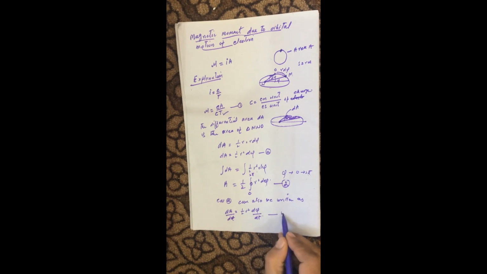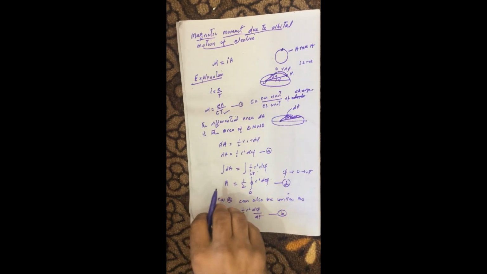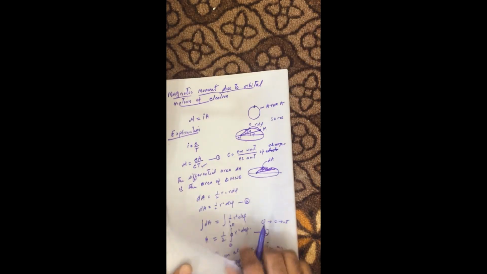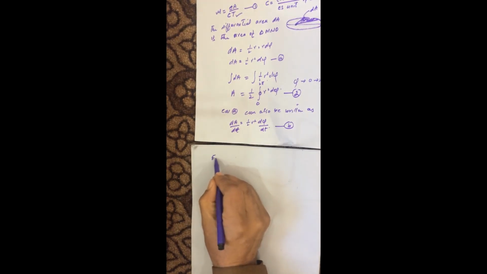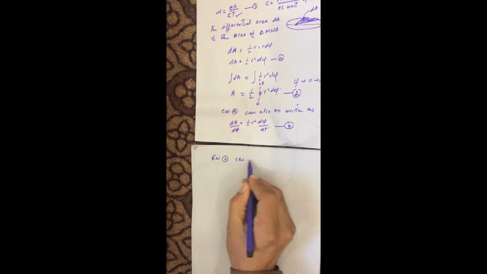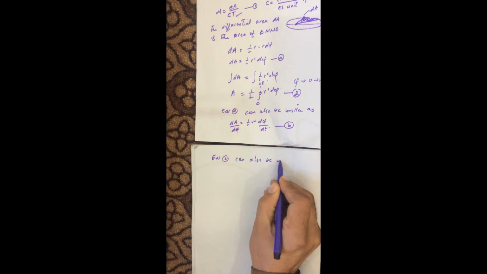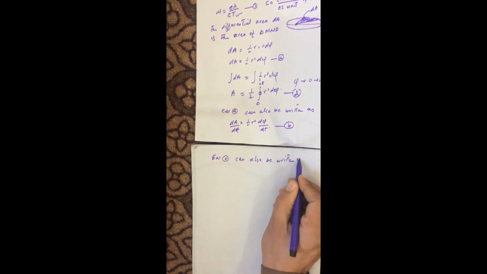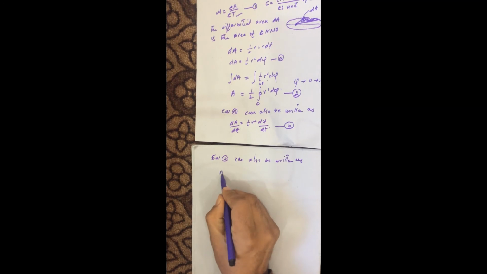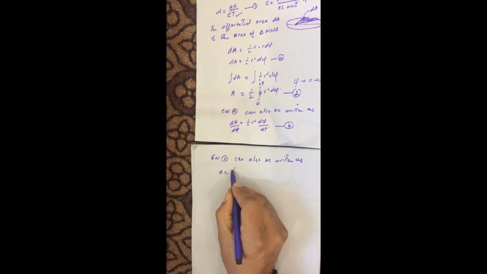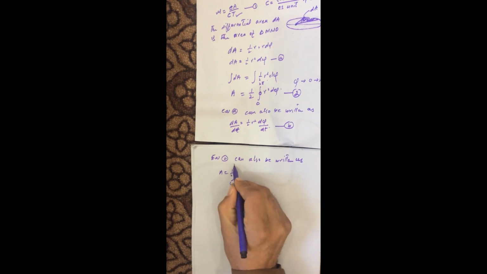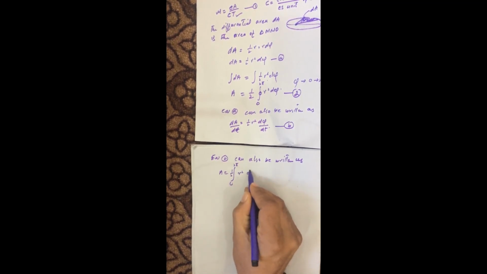This is equation number B. Similarly, equation 2 can also be written as A equal to 1 over 2 integral from 0 to 2 pi of r square d phi.